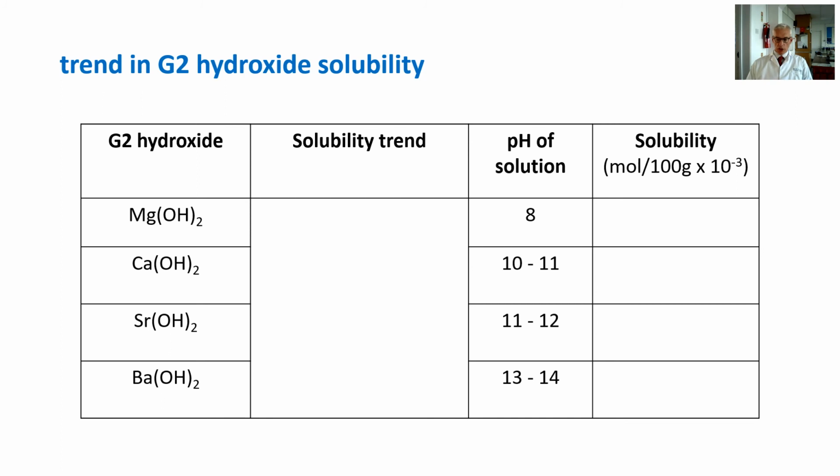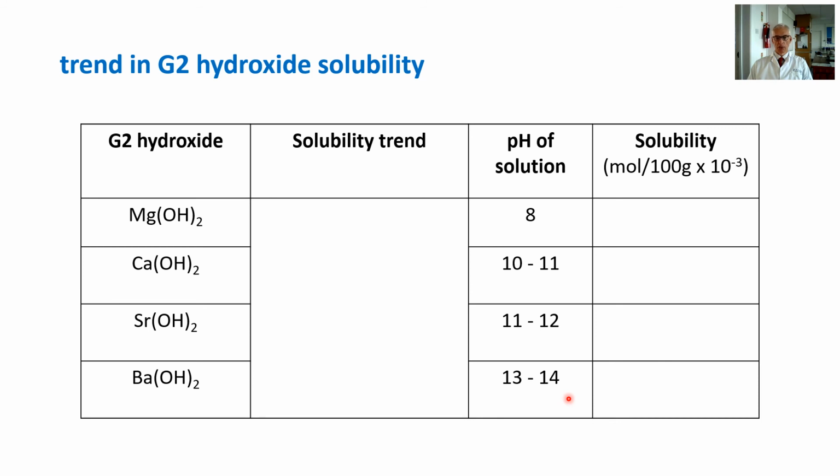So I'm going to look at the magnesium hydroxide pH, which is 8, which implies that the concentration of hydroxide ions is quite low, and therefore the degree of dissociation is low, and therefore the solubility of magnesium hydroxide is low. If I go to the bottom of the group, we see barium hydroxide, the pH is high, the concentration of hydroxide ions is relatively high, and therefore the degree of dissociation is high.